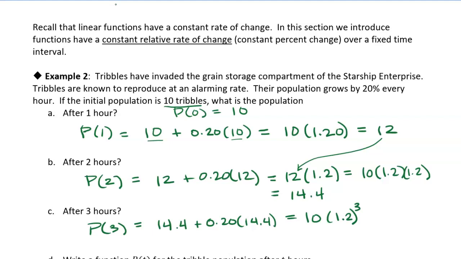You can verify this for yourself, but essentially I can just take this expression for 14.4 and replace it with 10 times 1.2 squared. All right. So we have 17.28 tribbles. Okay, so 17 tribbles and 1 on the way.